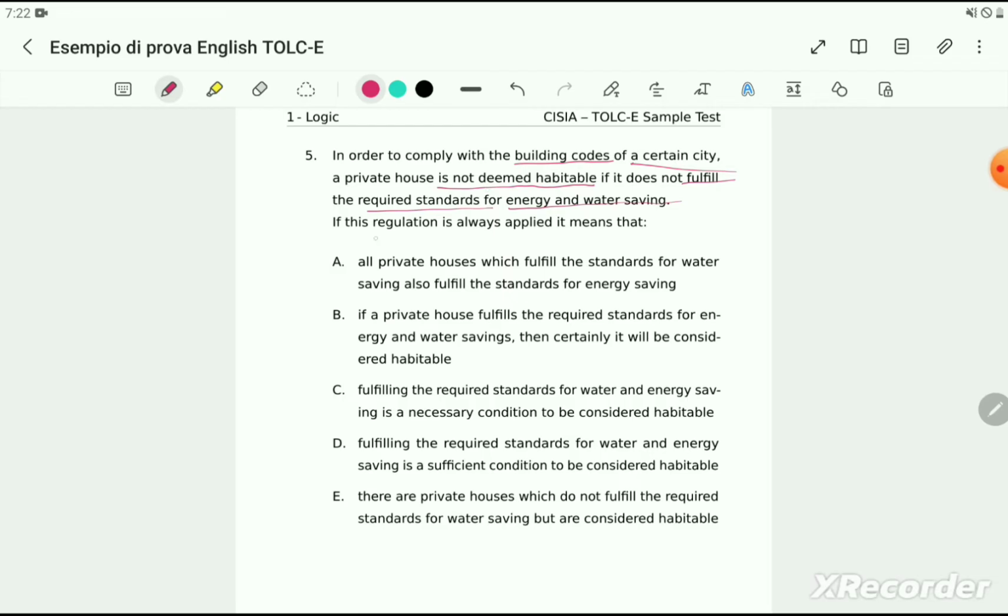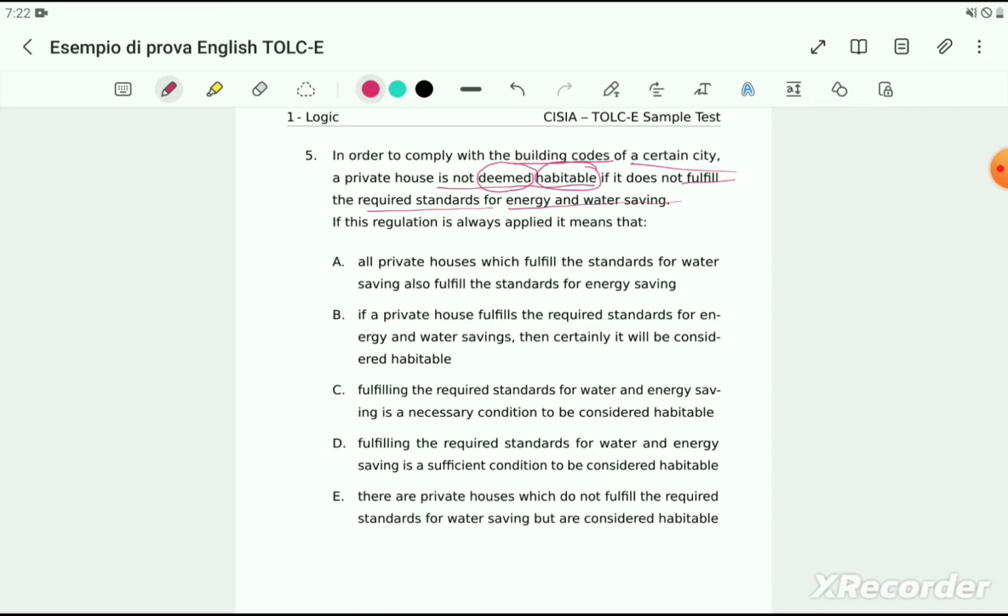So you understood the question, right? It is not habitable, that means it is not prepared for the residents to live in.